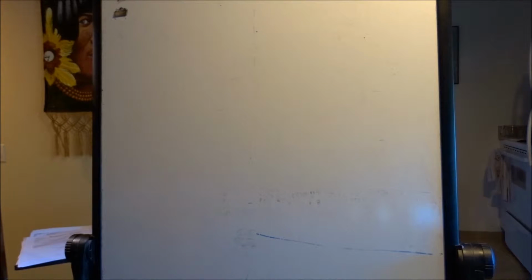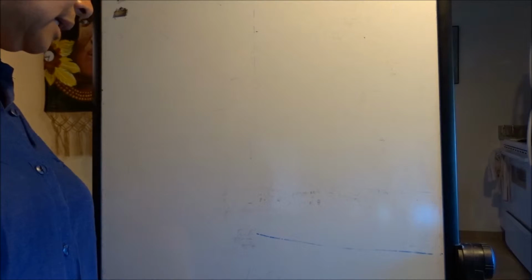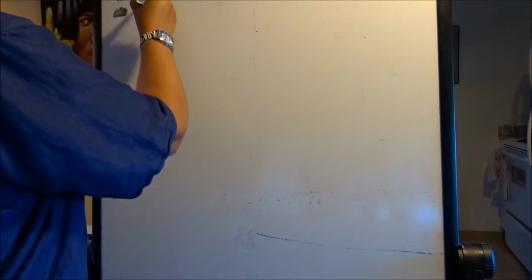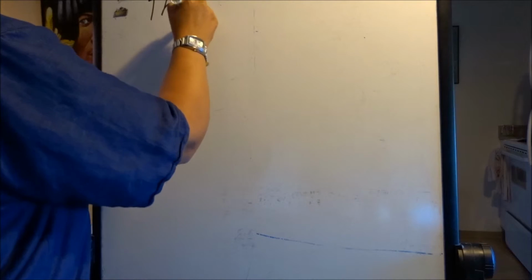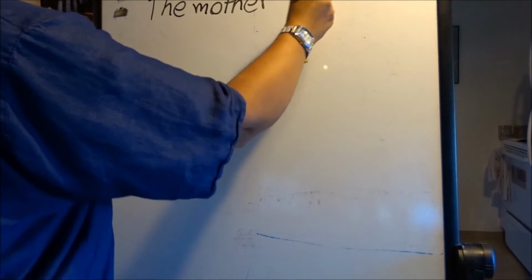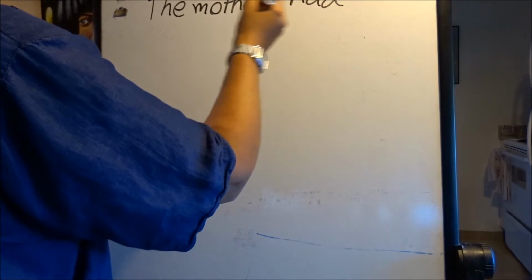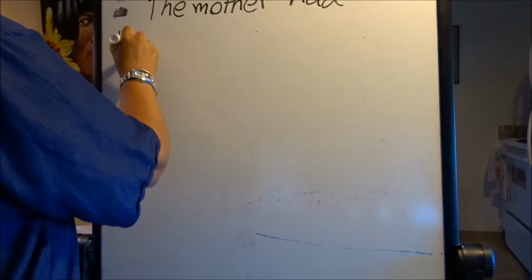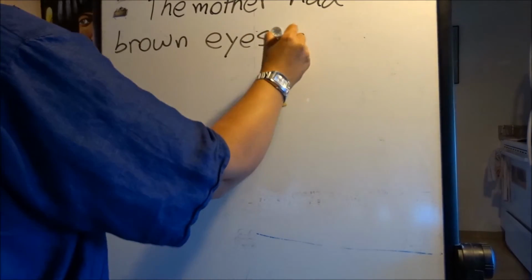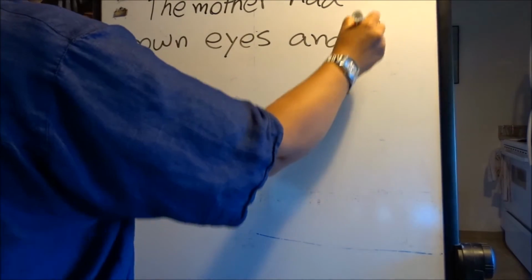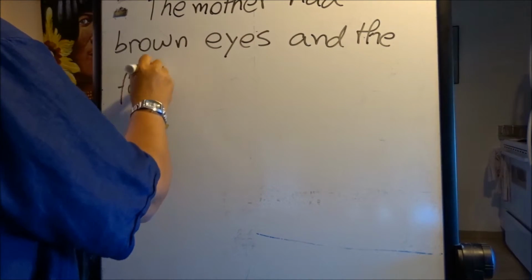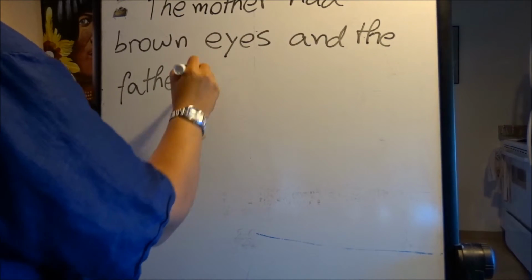Now let's see a problem that you might get. Something like: the mother had brown eyes and the father also had brown eyes.